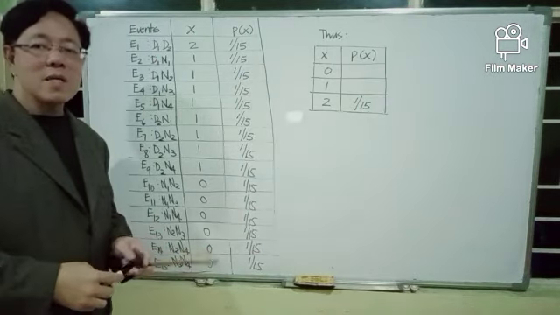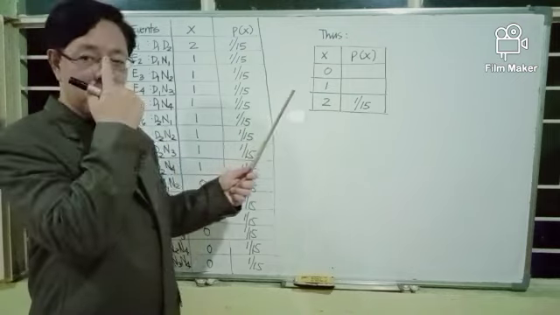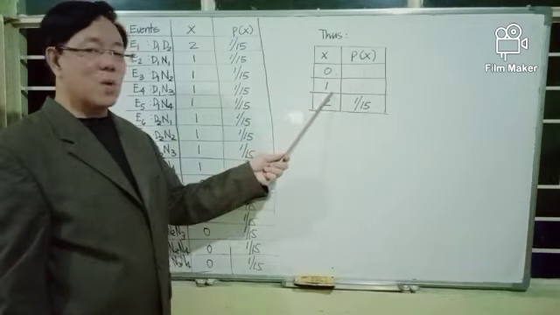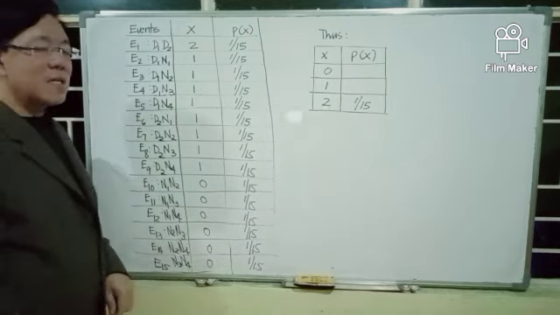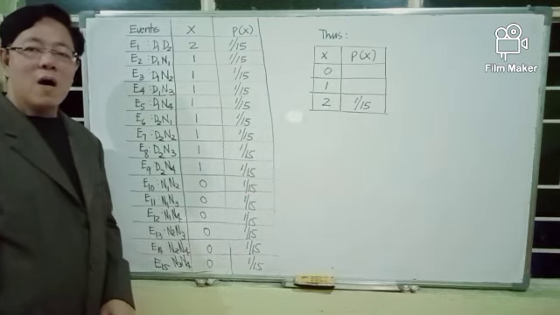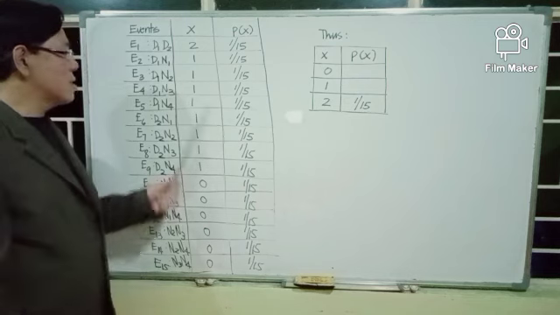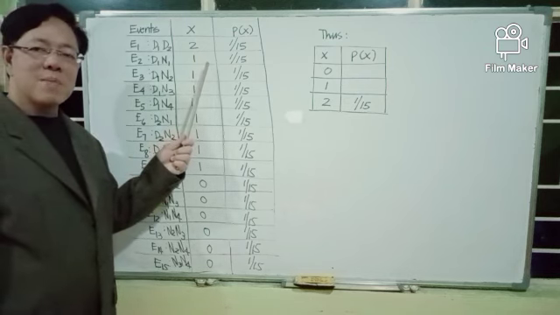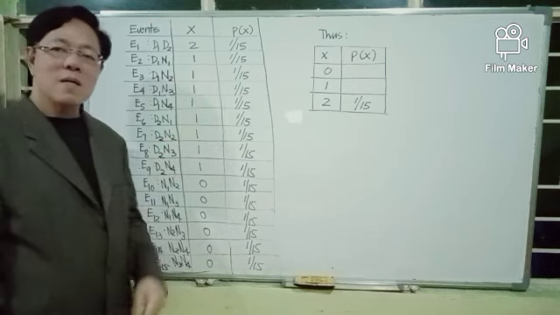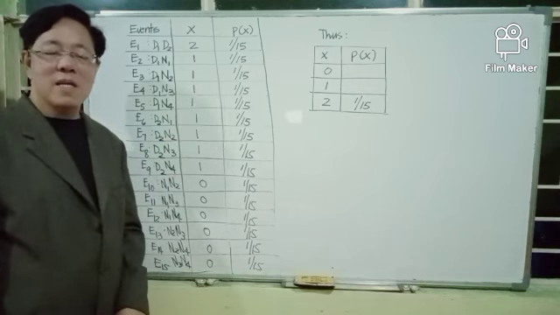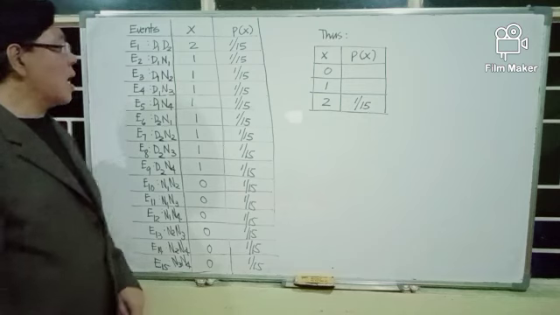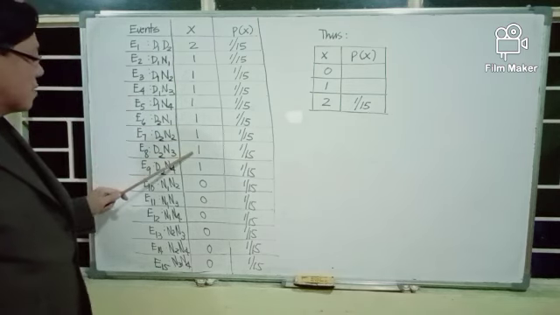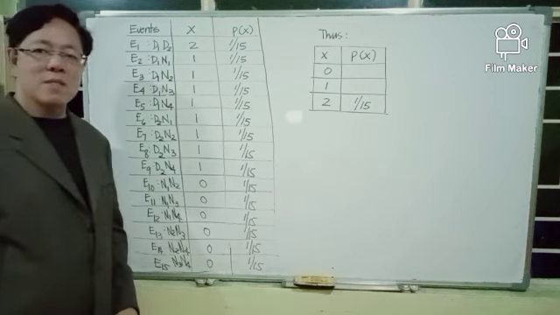Now the probability that the value of the discrete random variable x is 1 is obtained by adding the probabilities of the events with 1 defective item. The event where the customer selected 1 defective item can happen in 1, 2, 3, 4, 5, 6, 7, 8 ways.